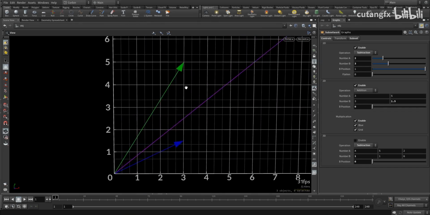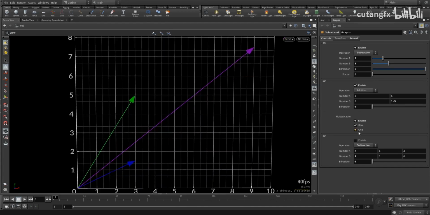So now we count our green vector again. We go across. So how many do we go across? 1, 2, 3, 4, 5, 6, 7, 8, 9. So it's 9 across, but along Y, we're going up by 1, 2, 3, 4, 5, 6, 7.5. Okay? And so let's have a look when we switch off this grid.